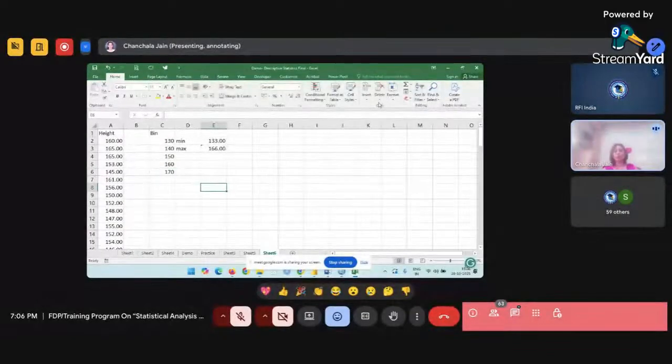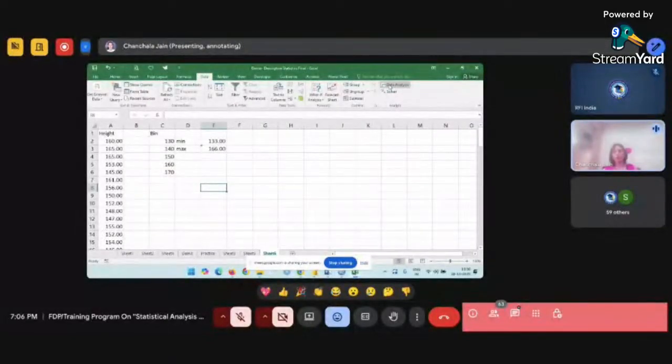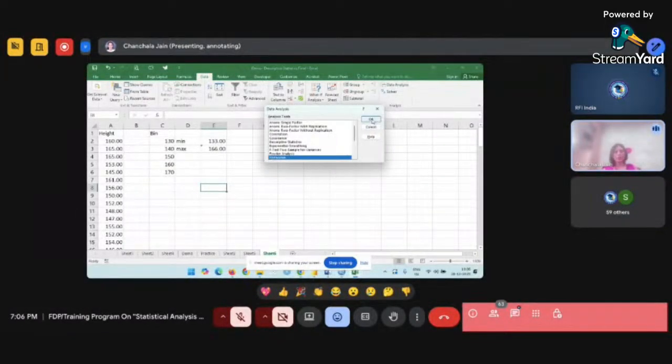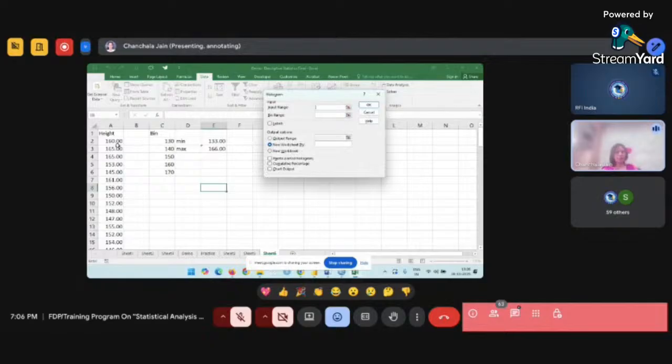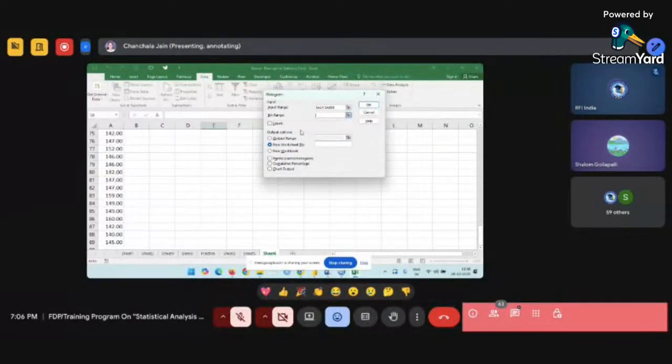Now you can go to the analysis toolpack. You can use this histogram. You can give the range of your data. You can give the range of your bins.